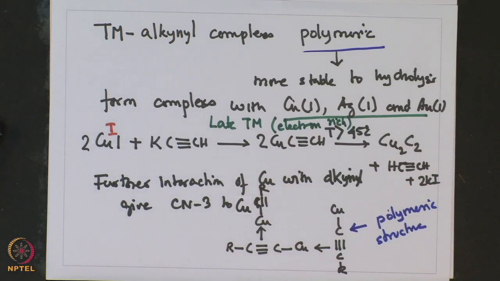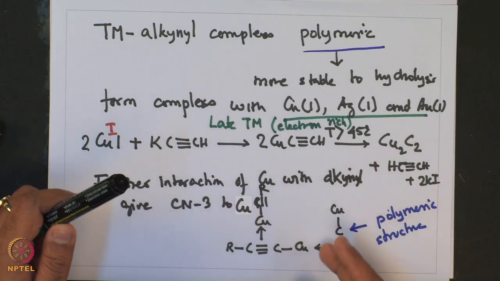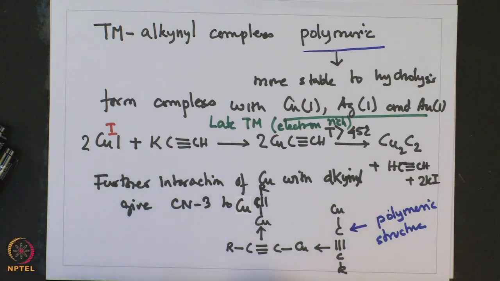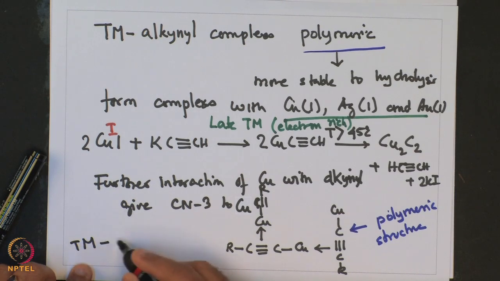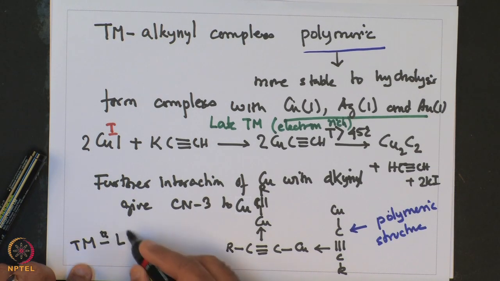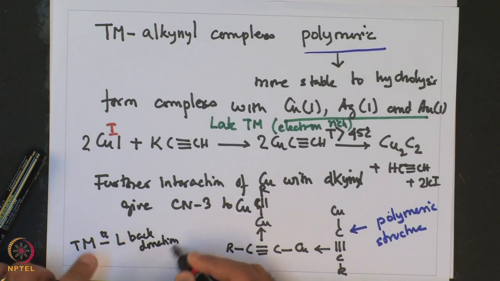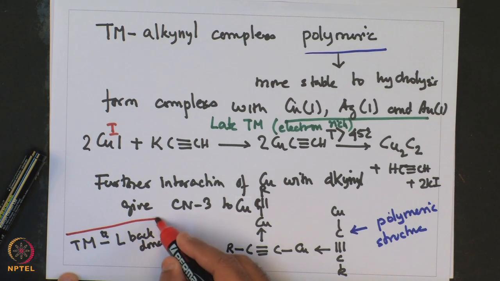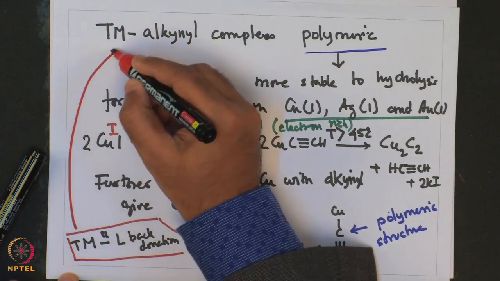As a result, they can form these acetylide complexes and stabilize them via transition metal to ligand pi back donation, which is required for stabilizing these transition metal alkynyl kind of complexes.